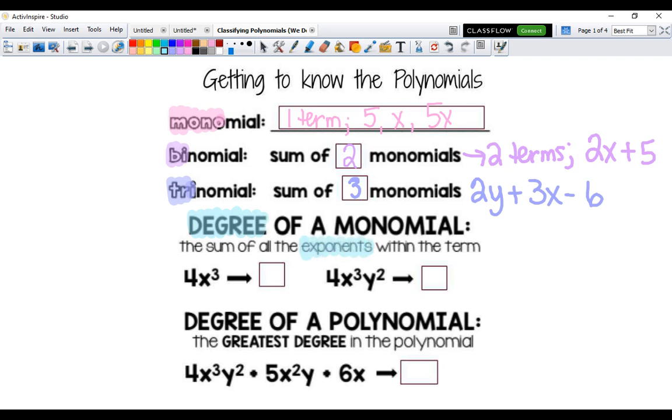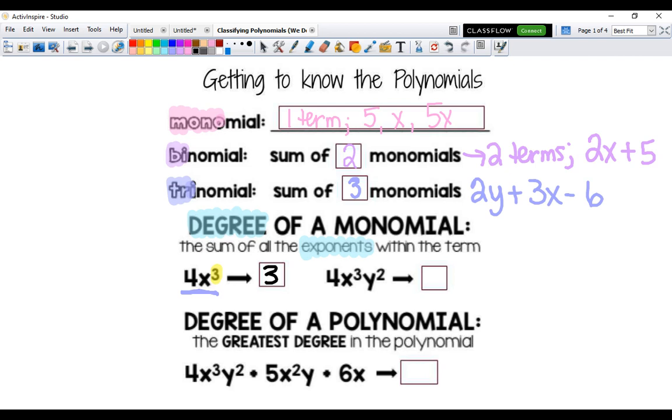So if I'm looking at the term 4x cubed, looking at that monomial, because it's only 1 term, I want to know basically how many exponents it has. So 4x to the power 3. This 3 is an exponent. So if it has an exponent of 3, that means it has a degree of 3, because degree and exponent mean the same thing.